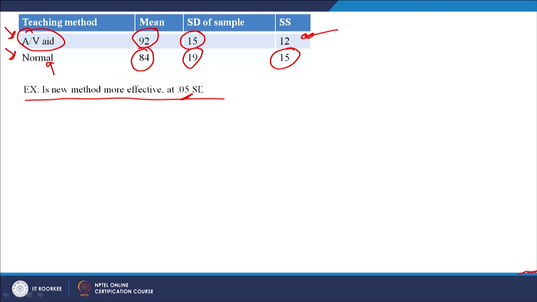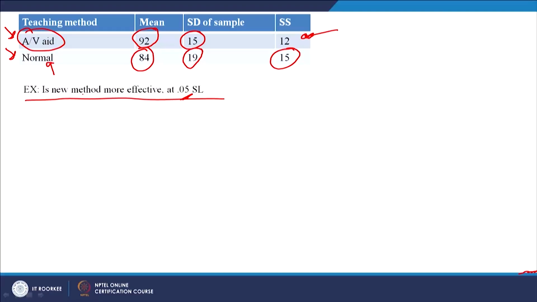Now, you have to frame the null hypothesis and the alternative hypothesis, then decide which test you are supposed to apply, whether it is a t test or z test. The question is very clear, is the new method more effective? The new method is audio visual aids. So, how would you write the null hypothesis?